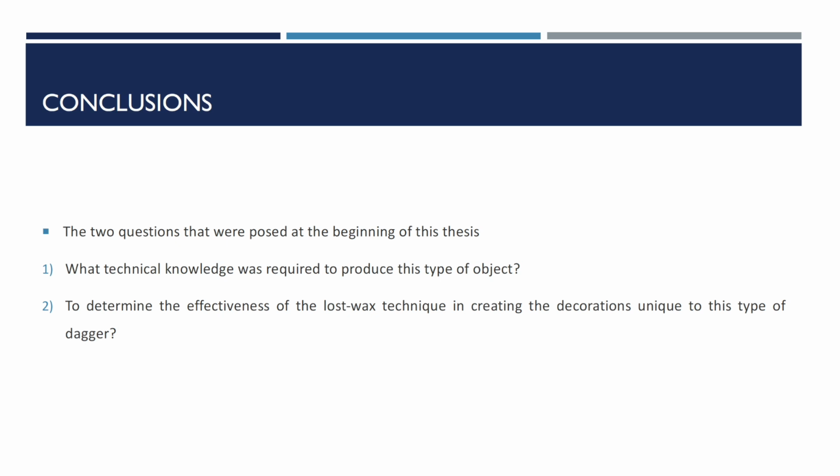I think the answers to that, as I've shown, are that A, there's 3 different types of technical knowledge that were required, but the effectiveness of the technique is something that would need to be practiced. It can work, you can make a dagger using this technique, but it would have to be performed by someone with incredible knowledge of bronze casting and an understanding of wax and the properties of it.